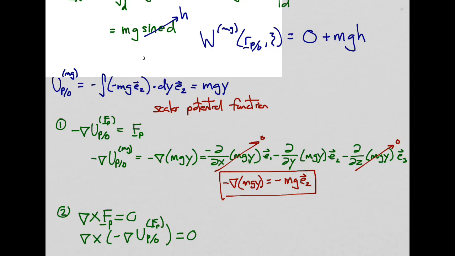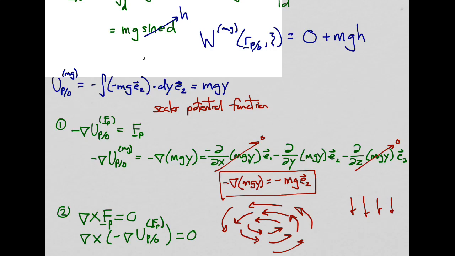And so when you have a curl, which is the gradient crossed with a force, or a force field in this case, if it's not equal to 0, then that indicates that the vector field itself is flowing in a circle, that it has curvature to it, and so that's what happens when the curl is not equal to 0. And so we know, simply because we've drawn this vector field multiple times, that gravity doesn't have a curl to it, or doesn't have a circular pattern to it, and so as a result, the curl of that vector field is going to be 0.